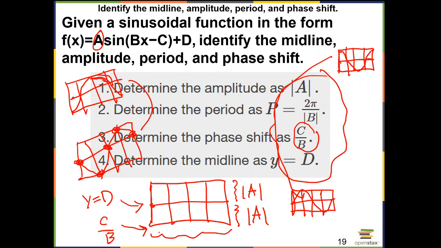Because you get this point, of course, this number here is C over B. The next number you get by dividing the period into 4 parts and keep adding that partition to get the rest of them. Once you have these x coordinates, then the y coordinates are easy. You get it from the pattern, which pattern we have.